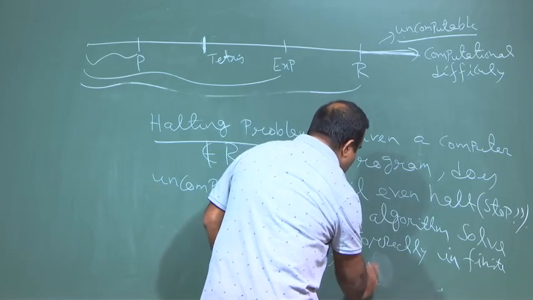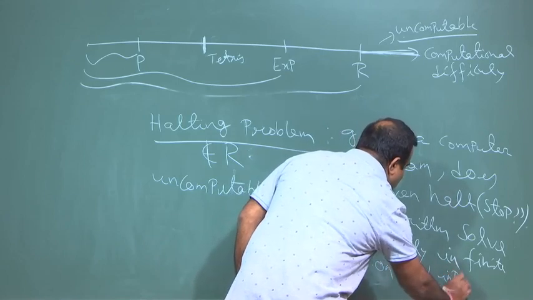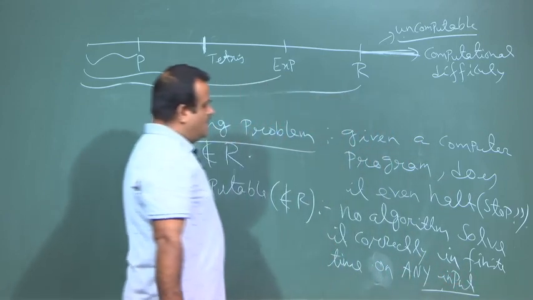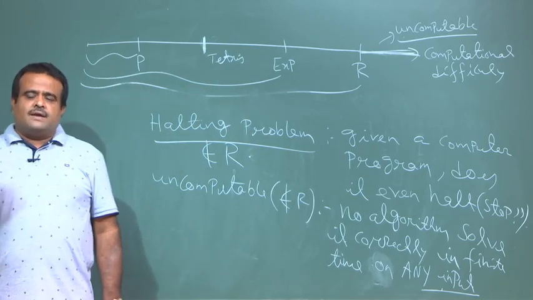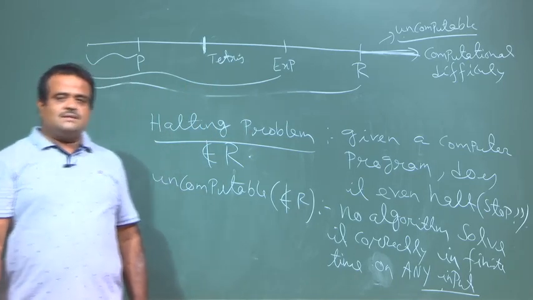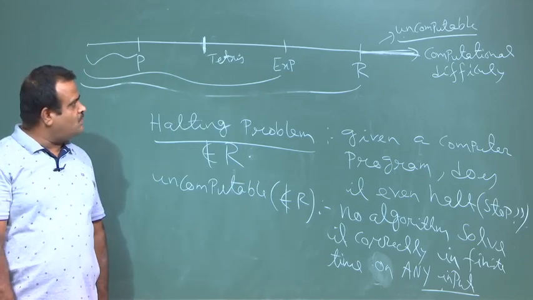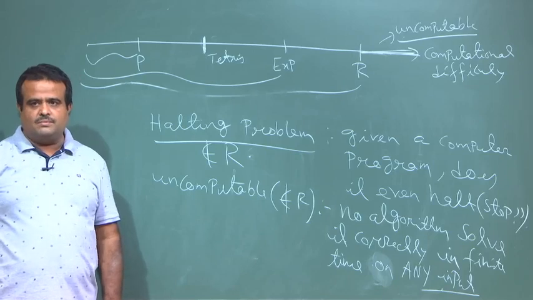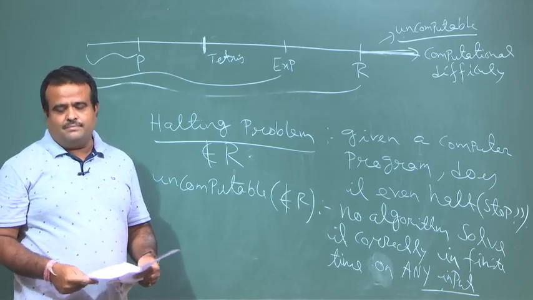There may be certain inputs where we can say yes, but in general for an arbitrary input there is no algorithm which can say that. So this problem does not belong to R. This problem is an uncomputable problem. This problem may take in general infinite time.